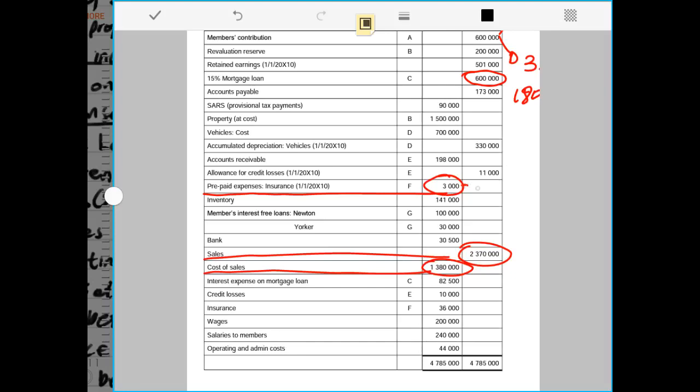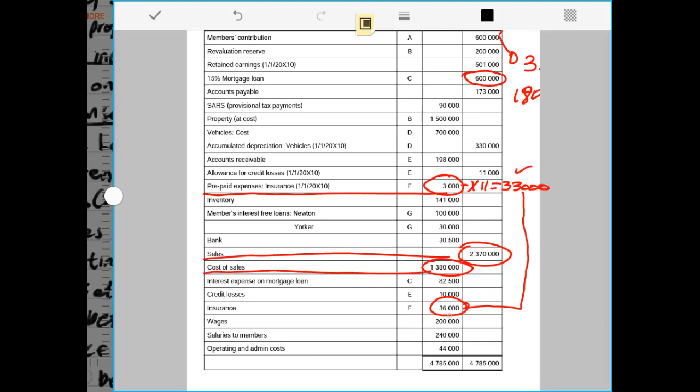If that is the case, we're supposed to say 3,000 times 11 to get to 33,000 rands, because another 3,000 was already paid last year, which means the insurance expense for the year in total was supposed to be 33,000 rands. But let us check if there was any payment of insurance. Yes, there is a payment of insurance. The payment of this insurance is 36,000 rands instead of 33,000 rands.